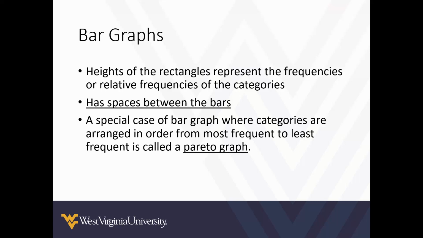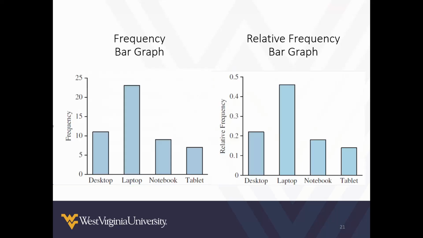There is a special case of bar graphs where categories are arranged in order from most frequent to least frequent, and this is called a Pareto graph. Just to give you an understanding what I mean with having a frequency bar graph and a relative frequency bar graph, notice these two graphs from our computer data set.